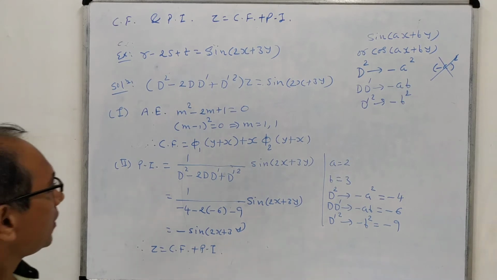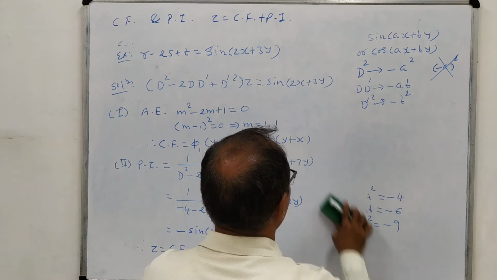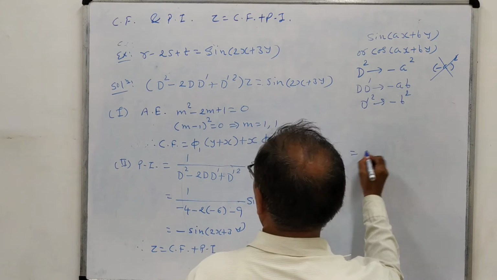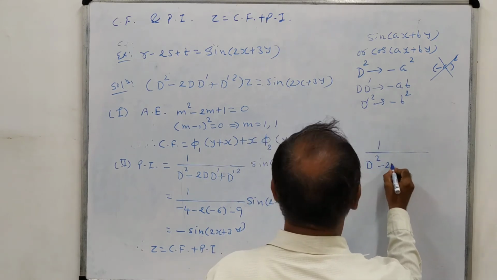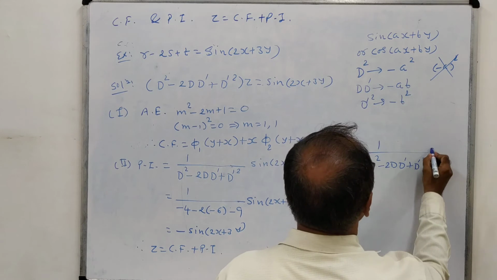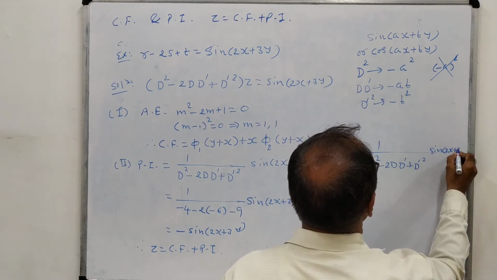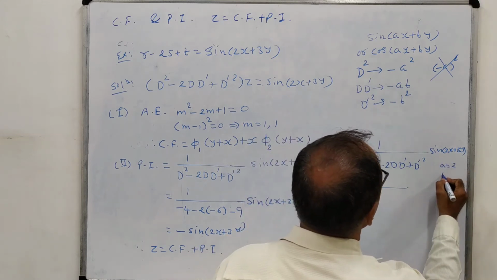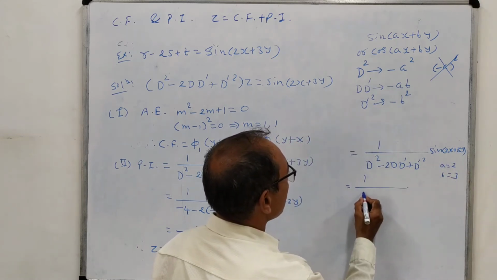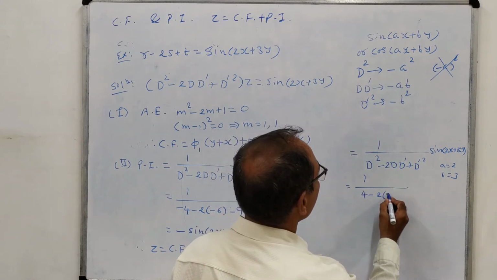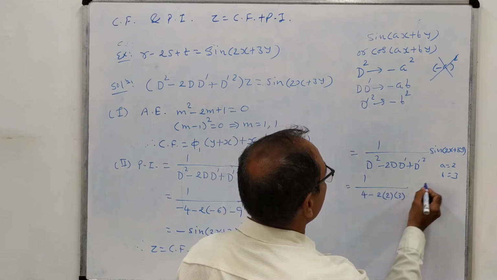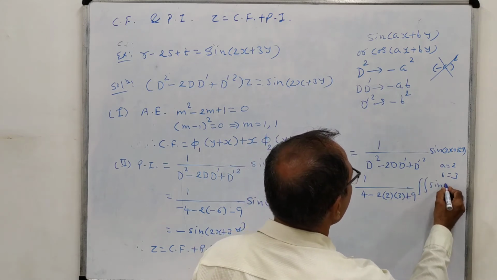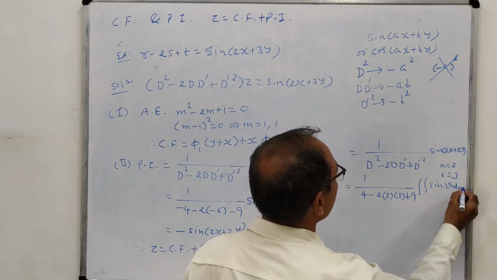And if you are forgetting this one, then you can also do the same thing by using the general method. That means 1/(D² − 2DD' + D'²) sin(2x + 3y). Here replace D by a, where a is 2 and D' is 3. So D² is 4, minus 2 times 2 times 3, plus D'² that is 9, into double integration of sin v dv, 2 times.